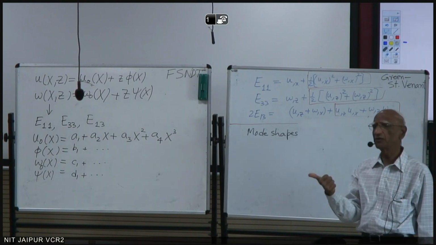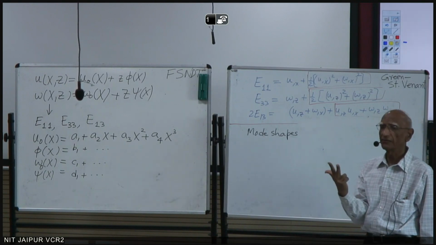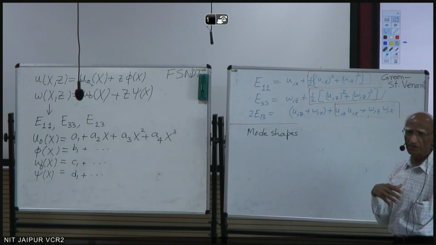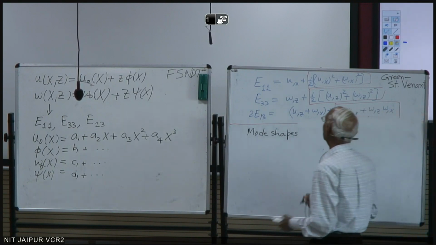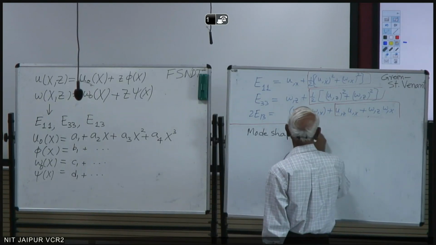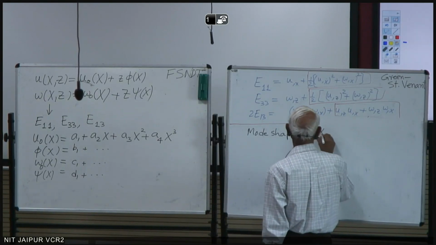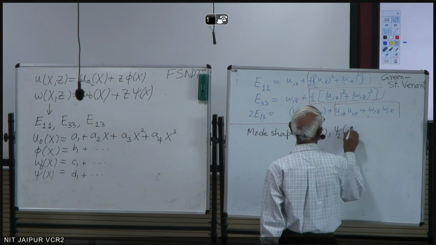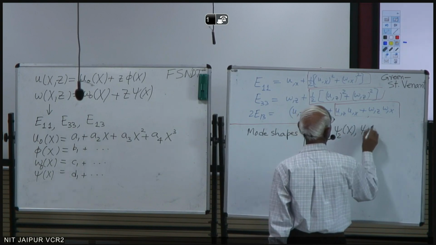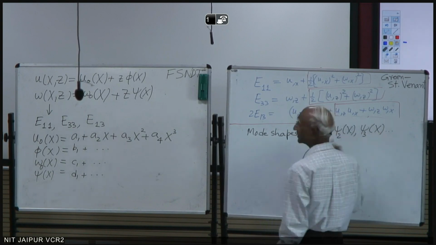So you find first frequency, first mode shape, second frequency, second mode shape, third frequency, third mode shape. So I can write my mode shapes as psi1 as a function of x, psi2 as a function of x, and psi3 as a function of x.